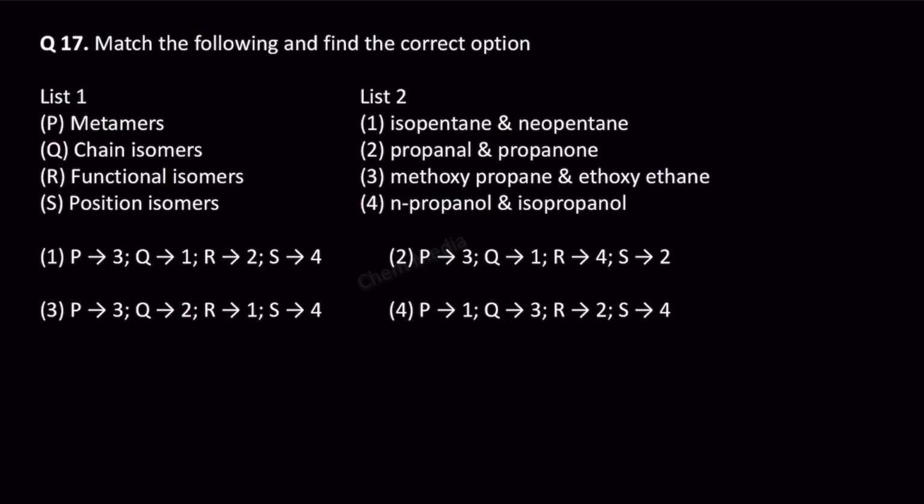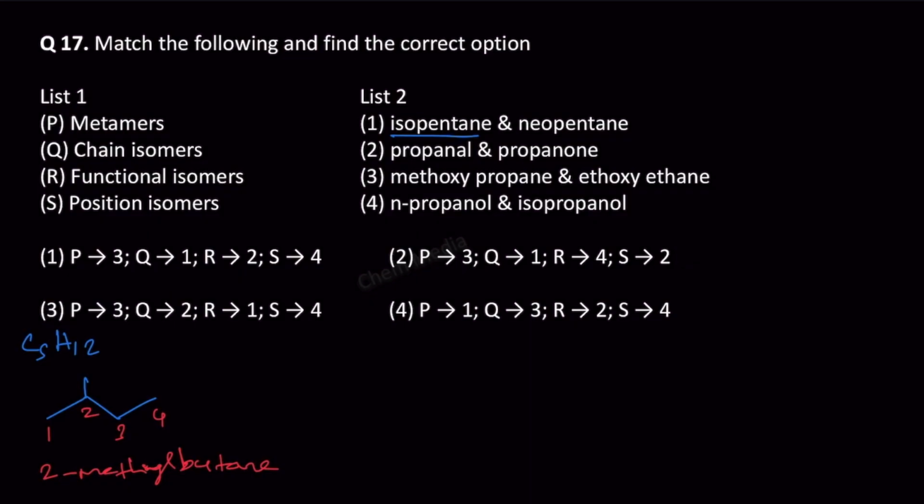In list 1, 4 different isomers are mentioned, and in list 2, pairs of 4 different sets of compounds are given. We need to match these two and find out the correct option. What is isopentane? 2-methyl-butane is isopentane. Molecular formula is C5H12. This is 2-methyl-butane, that is referred as isopentane.